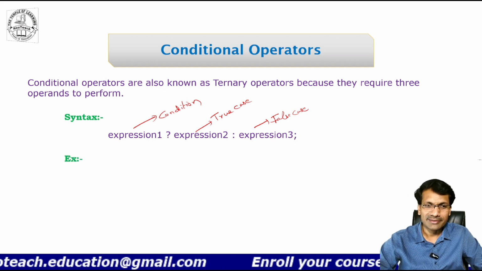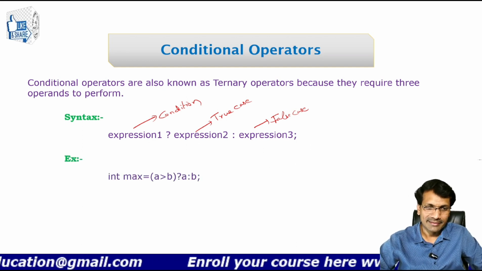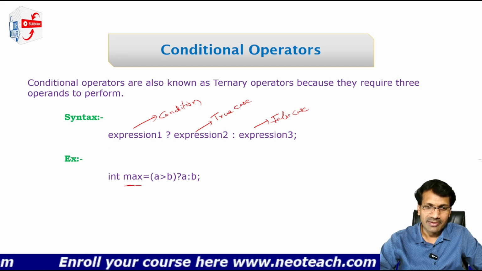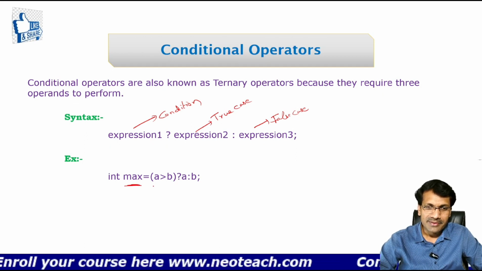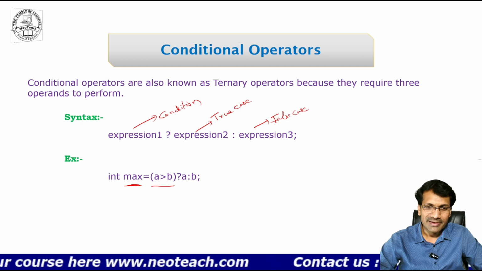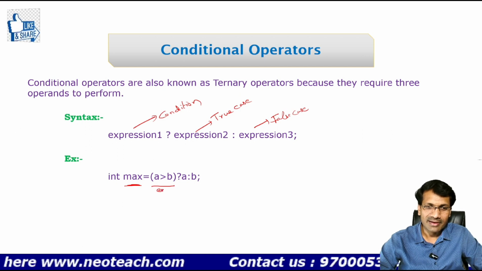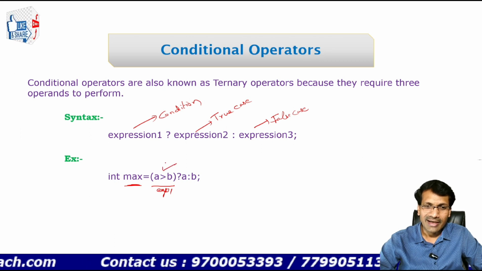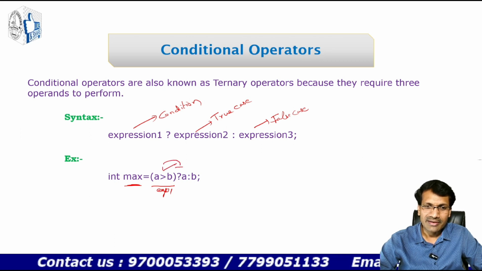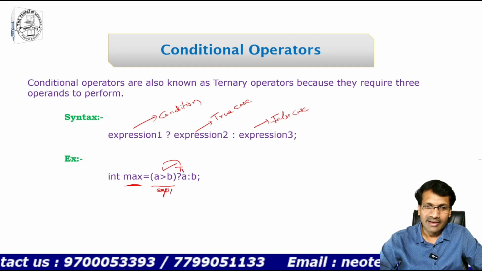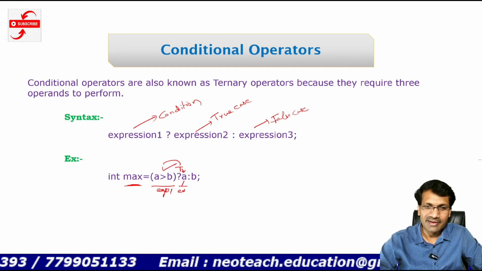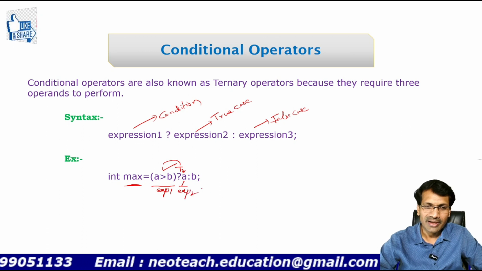So, let me discuss an example here. We are going to find the maximum of 2 given numbers. Suppose a greater than b. This is the first expression, expression 1. This is a condition, right? If the condition is true, then the second expression is going to execute. This is expression 2, right?